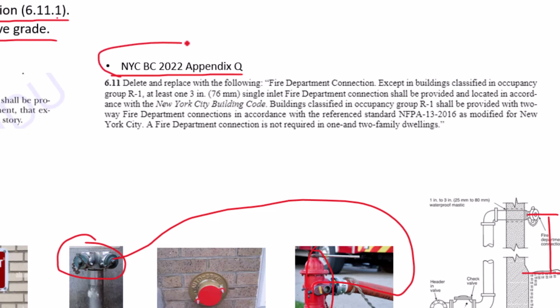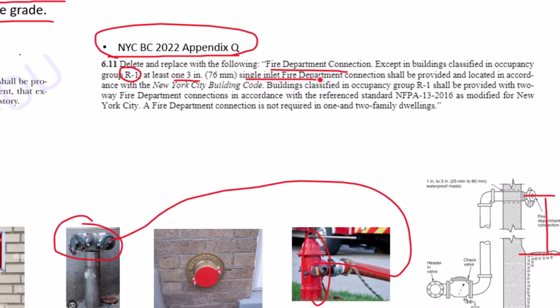Now the Appendix Q modifies that to basically delete this section and replace with the following: fire department connection except in buildings classified in occupancy group R1. So R1 are buildings such as hotels where it's a transient occupancy. At least one 3-inch single inlet fire department connection. Single inlet being this type rather than this type here where there's two of them.